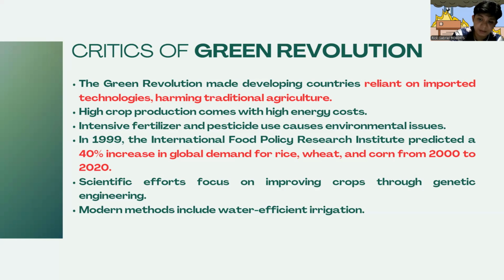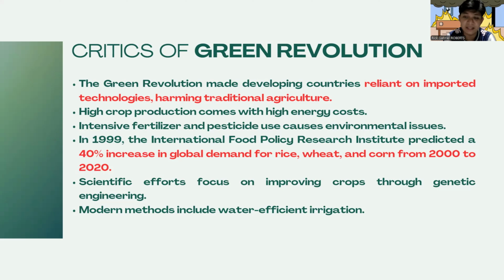Now, to solve this problem, scientists started to use genetic engineering to create crops that produce more grains, resist pests and diseases naturally, and survive in harsh weather conditions. This is now what we call genetically modified organisms, or GMO.